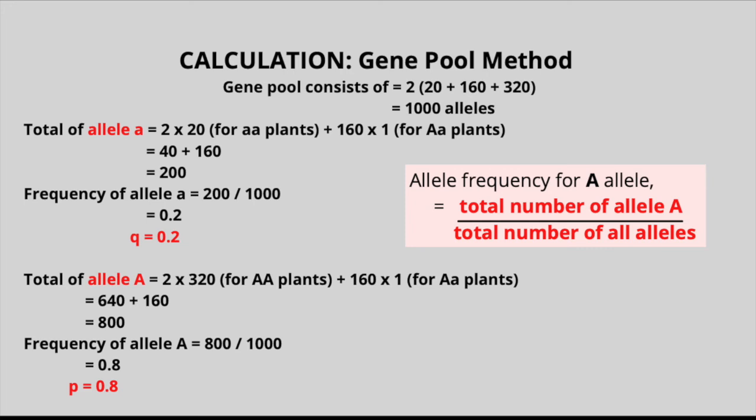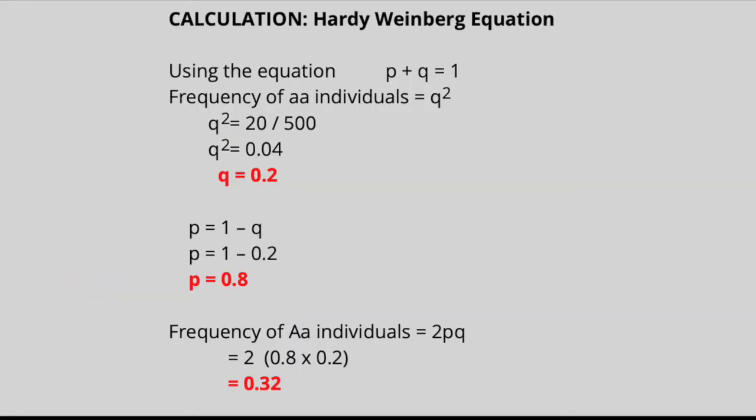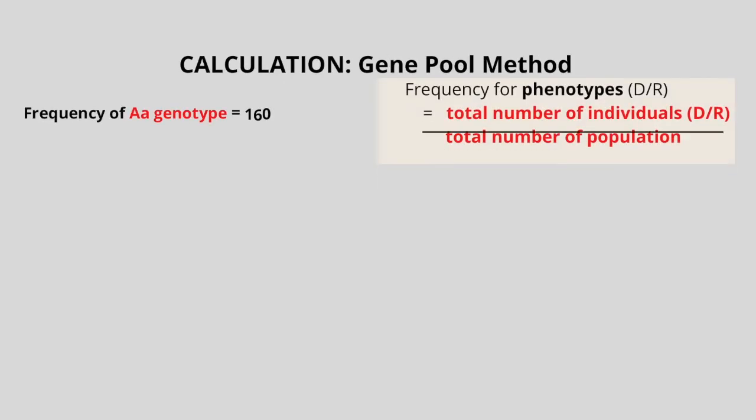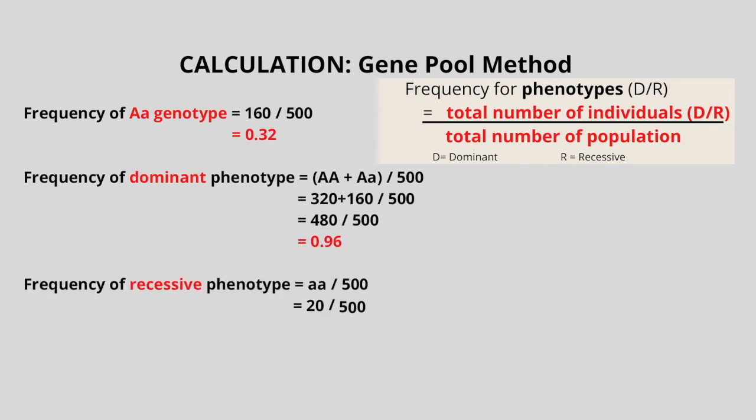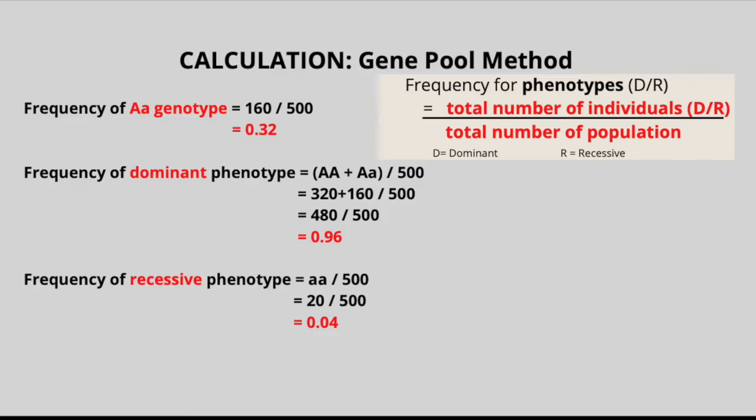Next, to calculate the frequency of the Aa genotype, which is heterozygous, total number of heterozygous divided by total population, 160 divided by 500. That will give us 0.32.